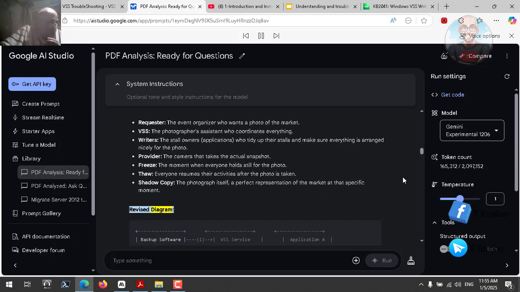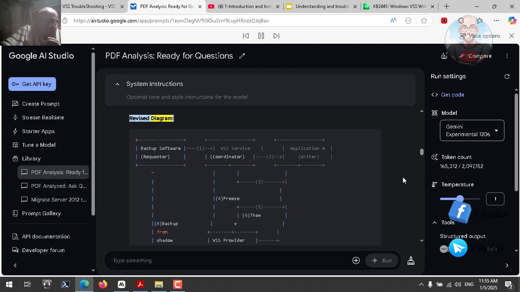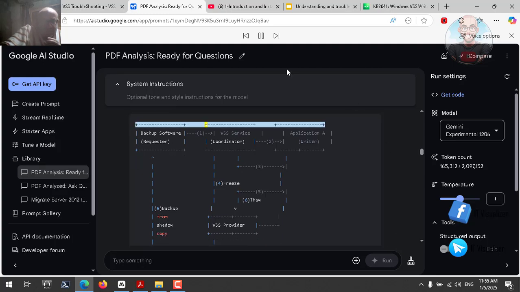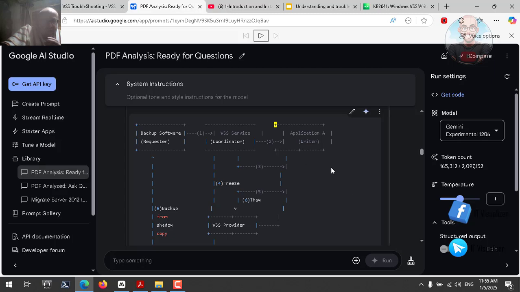Revised diagram. So I think here the junior IT answer was deliberately not correct, so deliberately the senior IT will explain it or correct it.